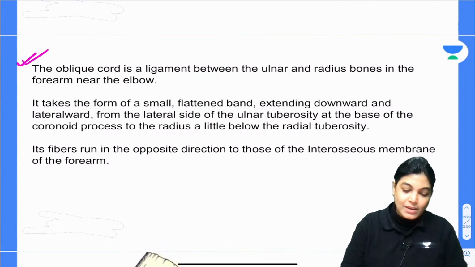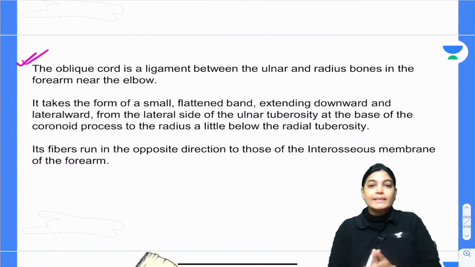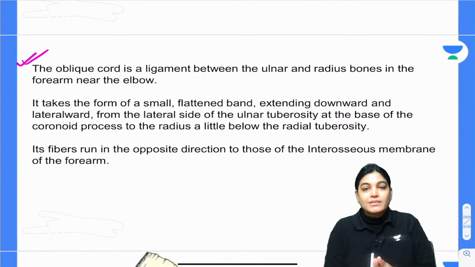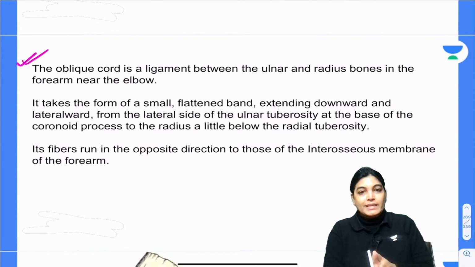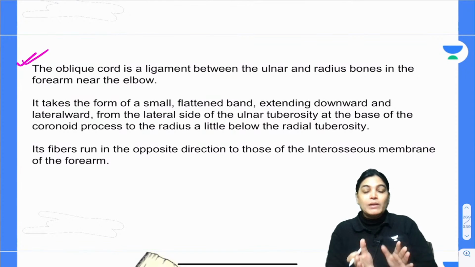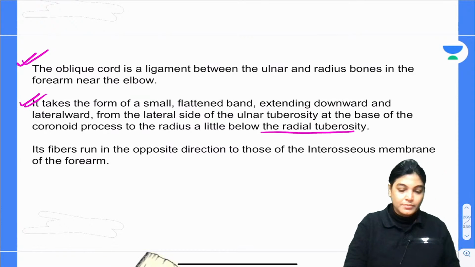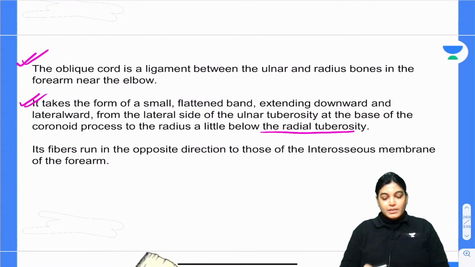It takes the form of a small flattened band extending downwards and laterally from the lateral aspect of ulnar tuberosity at the base of coronoid process to the radius, just a little below the radial tuberosity.